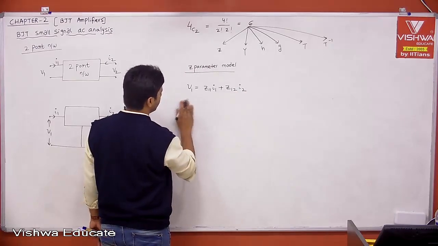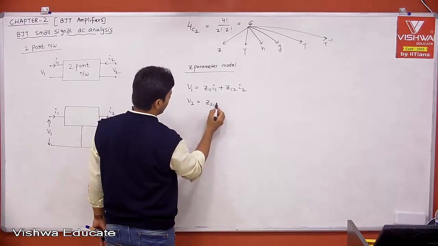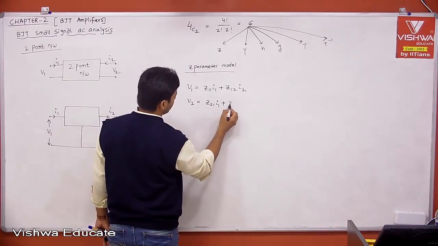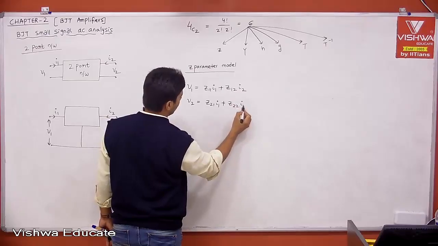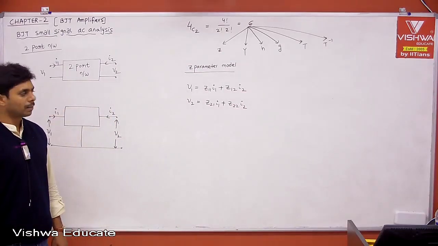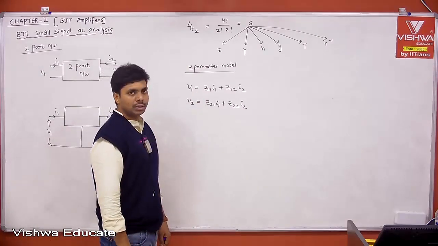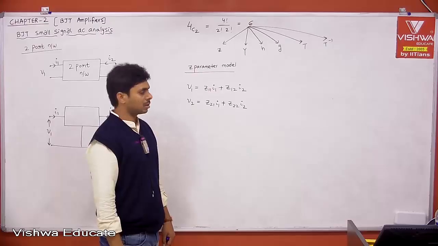Similarly, V2 is equal to Z21 into I1 plus Z22 into I2. This is the Z parameter model. Why is it called the Z parameter model? All the Z parameter values have impedance units.